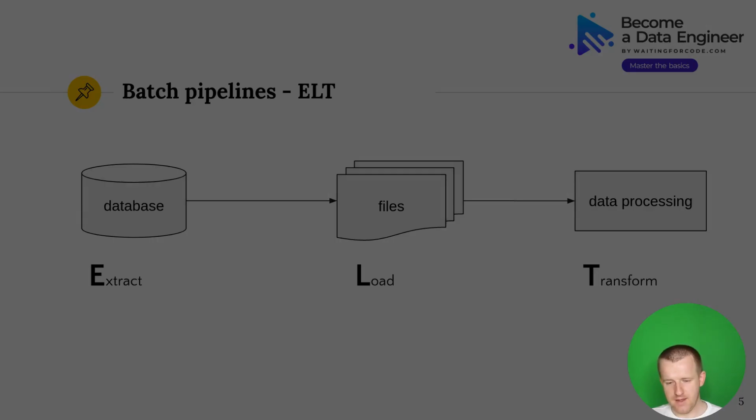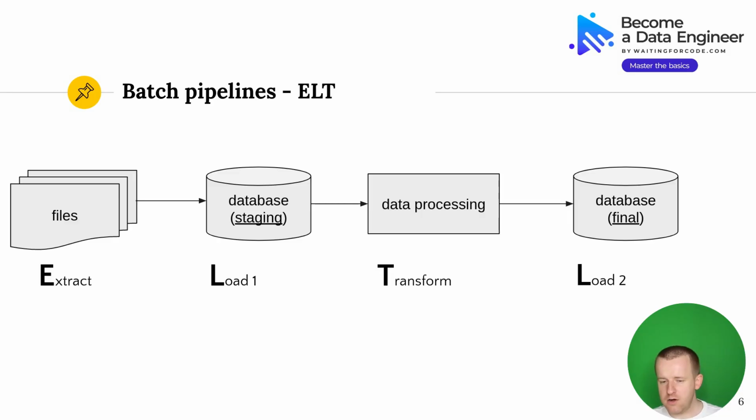And a more concrete version of ELT is extract, load, transform, load, where you may have some staging area. The staging area is something that is not exposed to the end user, only your pipeline sees this data. So you load input data directly to the staging area, you apply the processing logic on top of it, and you load the results to the final destination.